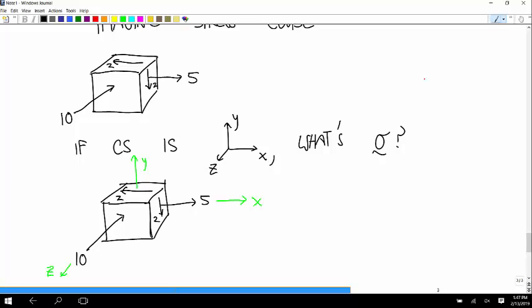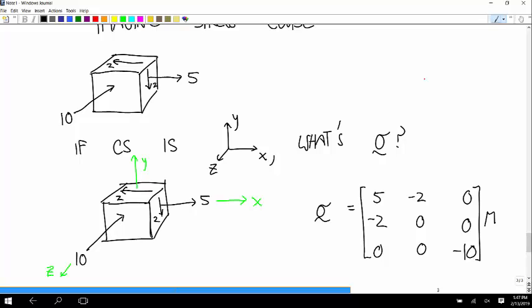Okay, so on the x face, in the x direction, we have positive 5. In the y direction, we have negative 2, then 0, then symmetry, then nothing for the normal y, nothing for yz, then 0, 0, negative 10. Okay.